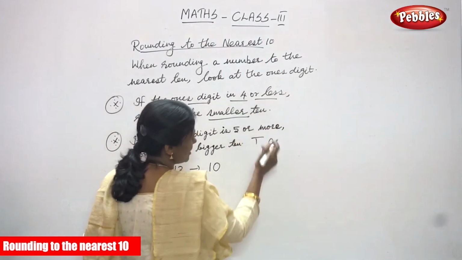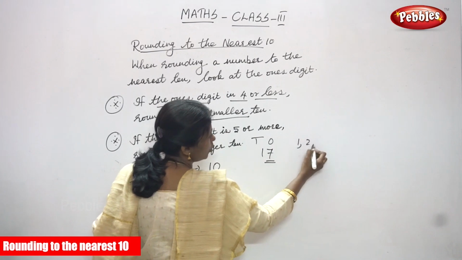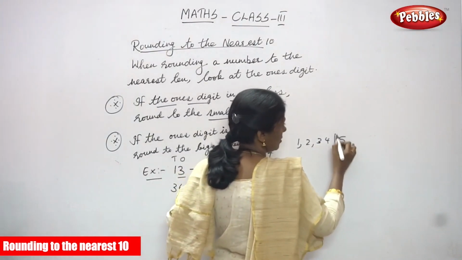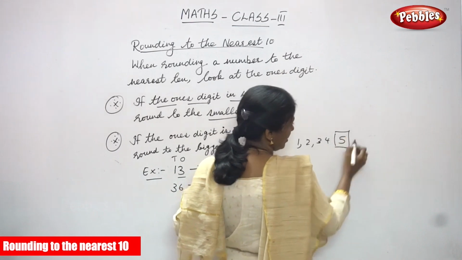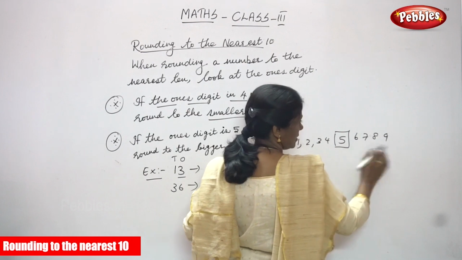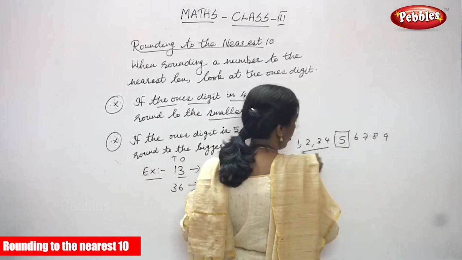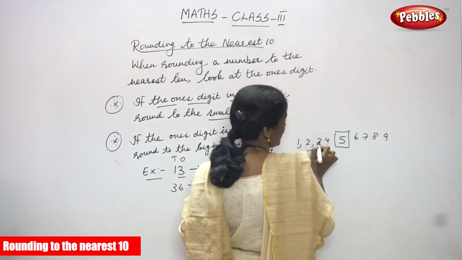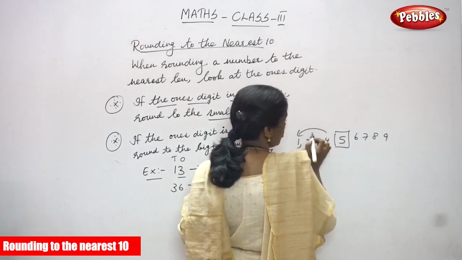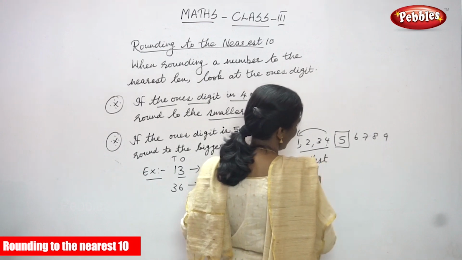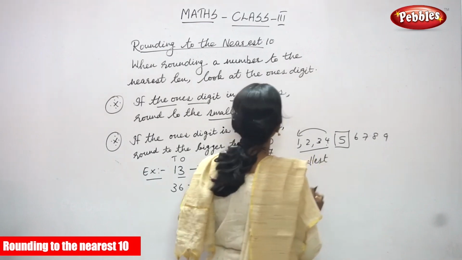That means 4 or less. You write 1, 2, 3, 4, and 5 is the middle number, and 6, 7, 8, 9. If the number is 4 or less than 4, that means 3, 2, 1, you have to round the digit to the smaller 10.